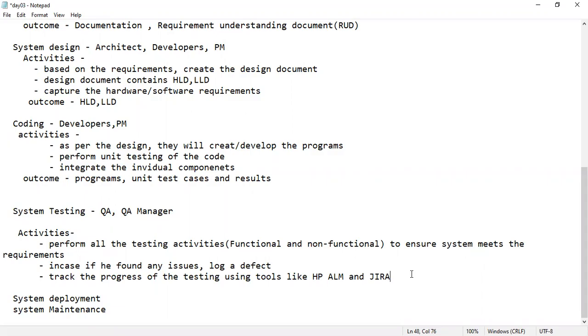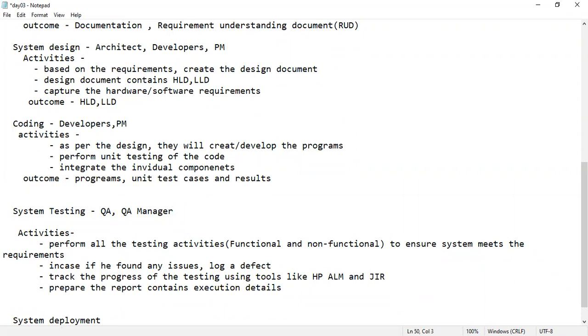What else? Prepare the report containing execution details.